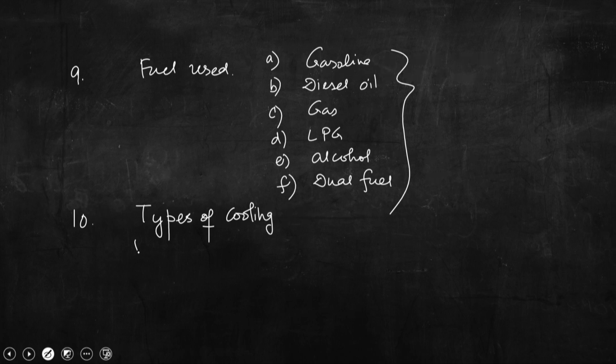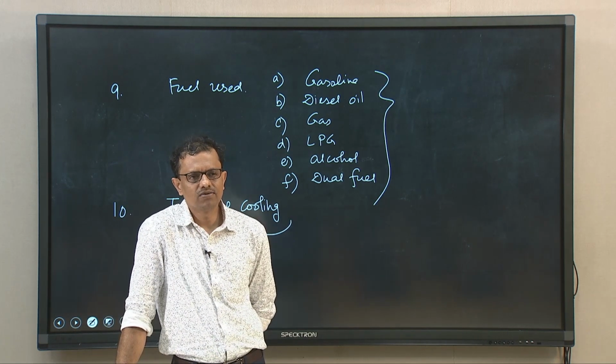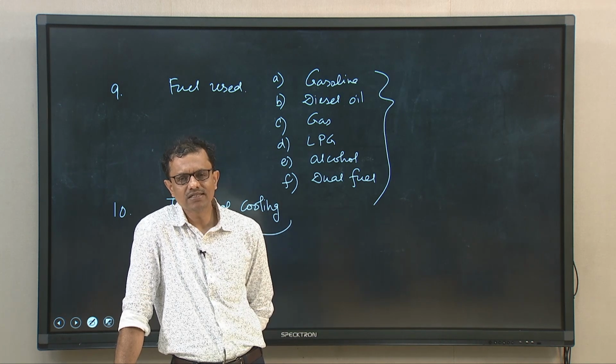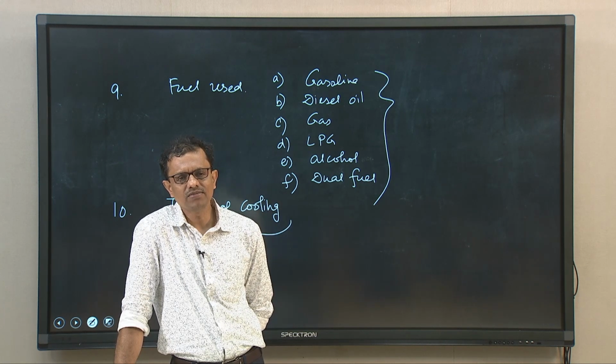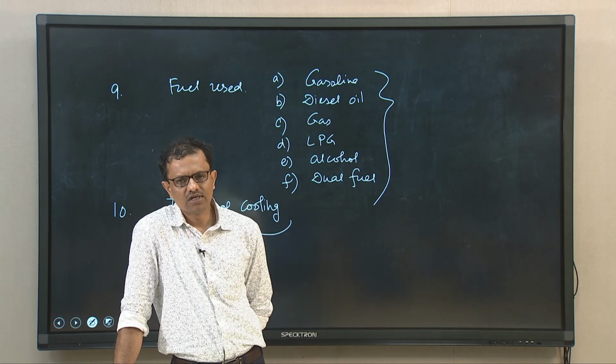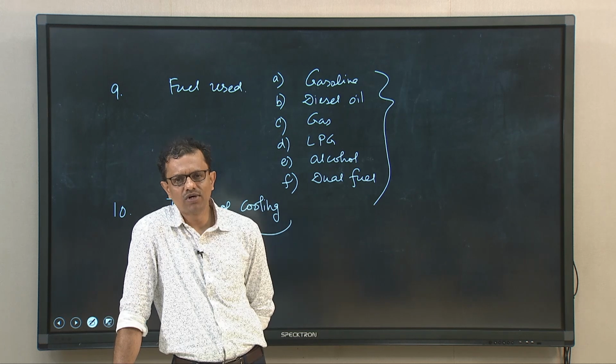So, this is very important because you can now recall that in the last two classes we have discussed that cooling system is an important system for the engine. Now, the cooling can be using air as a coolant, or the engine can be cooled using water.